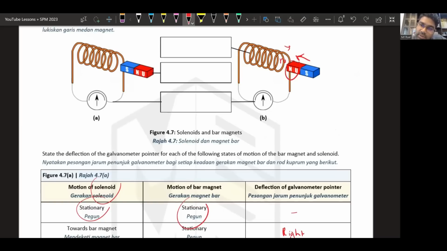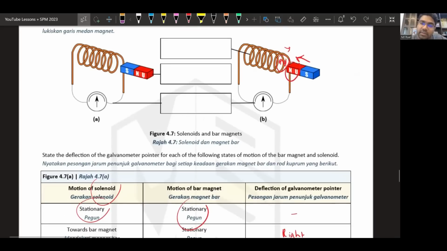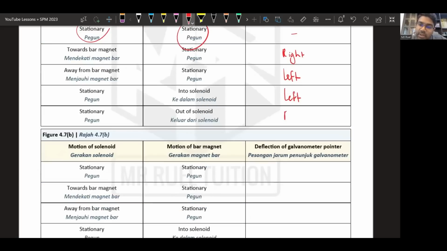This is north, and so this will be north again, to push it out. So north, we know that it will be left, just like the example just now. If we are trying to pull this magnet out, then the solenoid will try to pull it back in to oppose the motion. So this will be south to pull it back in. And south, just as we worked out just now, is the right.